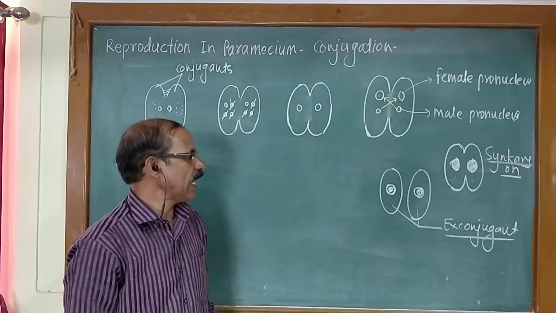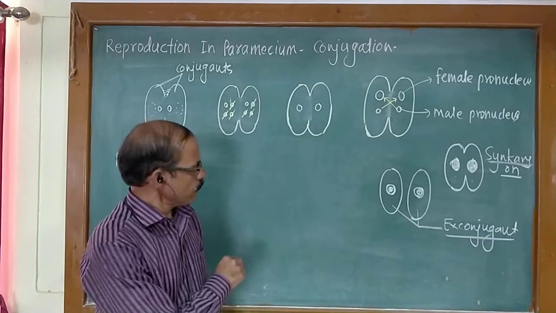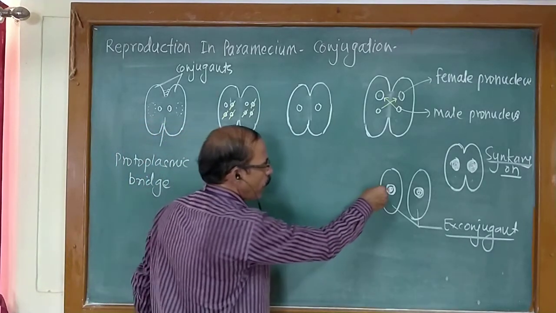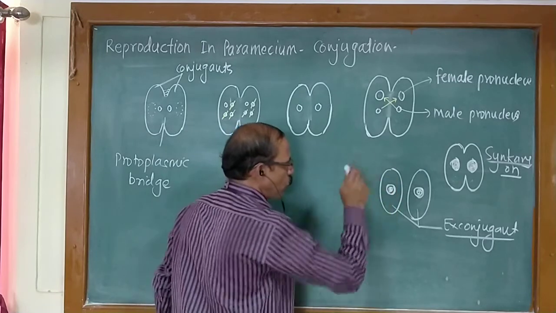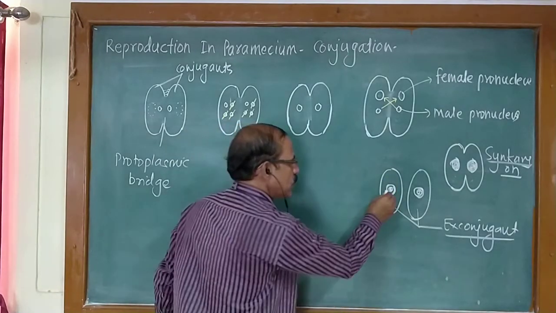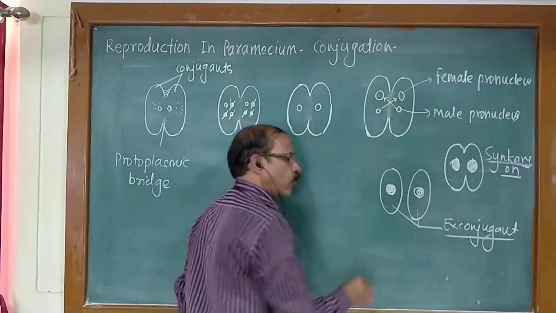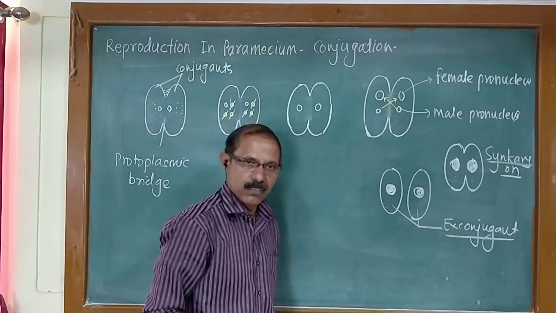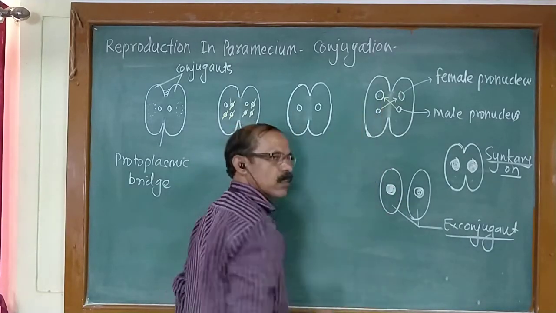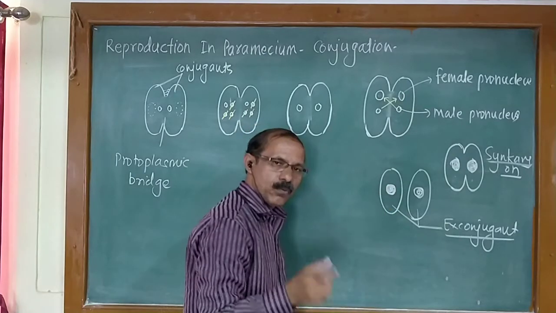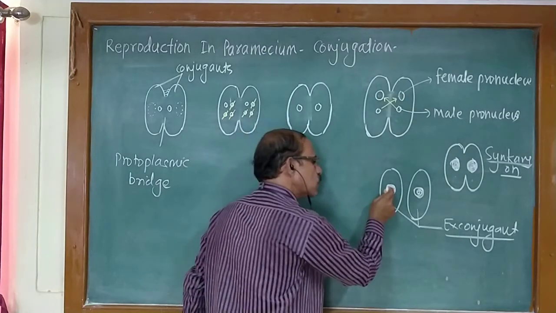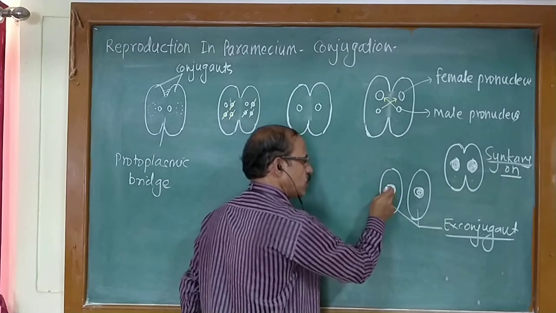Now what happens? This ex-conjugant consists of a single nucleus, a zygotic nucleus, a diploid nucleus, because this unites with this one, a diploid nucleus, which is larger in size. This is called the synkaryotic nucleus or synkaryon.